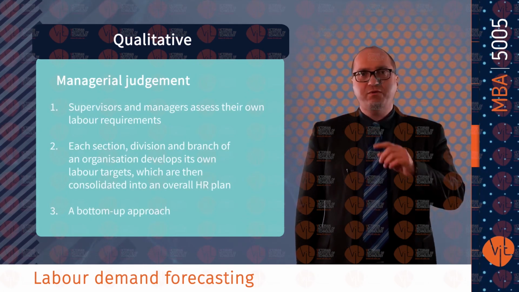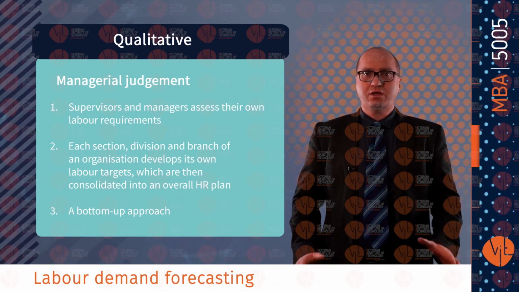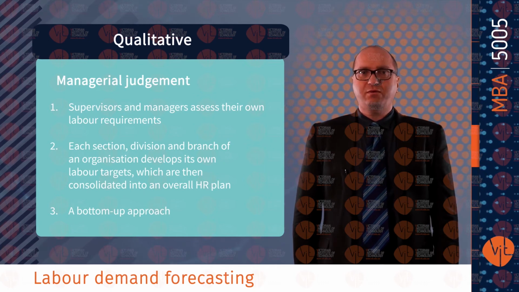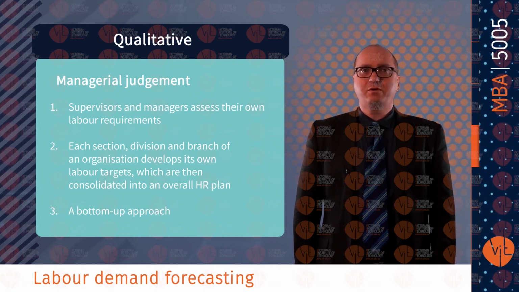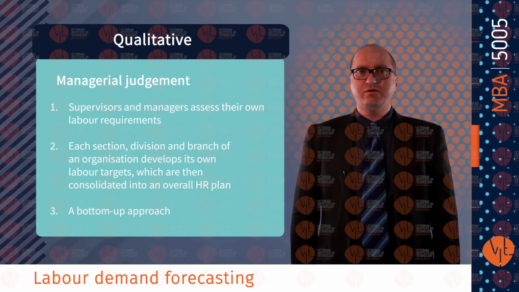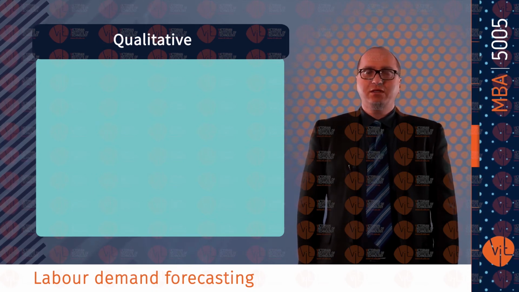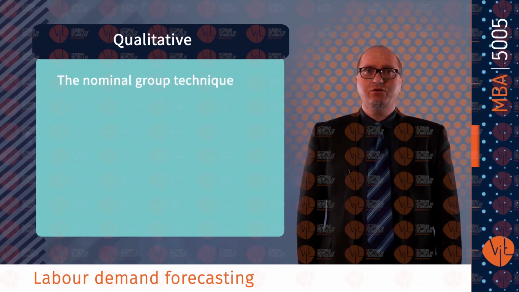Another method for qualitative planning is using the judgment of managers. Each department, supervisors and managers, they actually work out what they need from the labor market. They develop their own requirements and targets, and then it is all combined into one overall human resource plan. It is a bottom-up approach. Another technique is the nominal group technique.